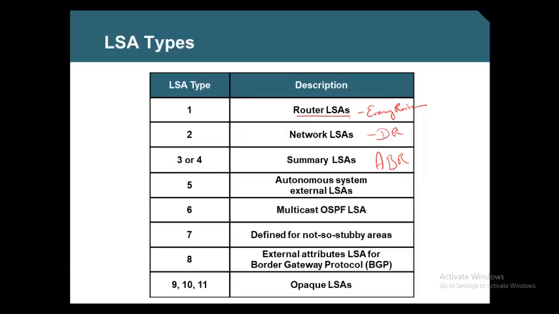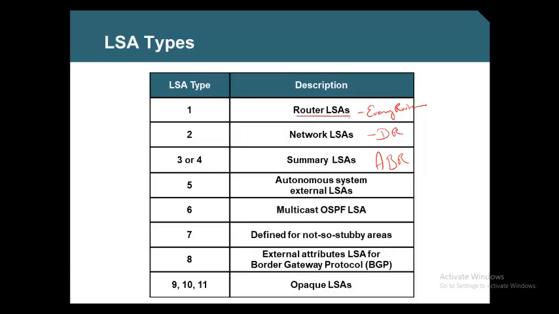Why did they not say summer LSA or winter LSA or spring LSA? Why did they say summary LSA here? You know the answer, that's why I'm asking you. Try. Exactly.